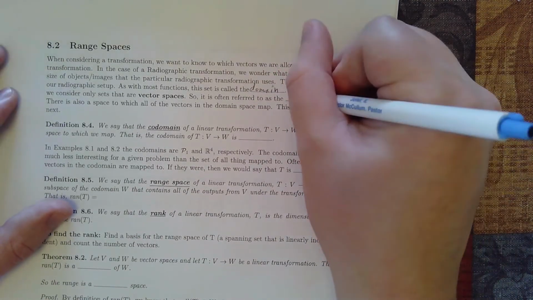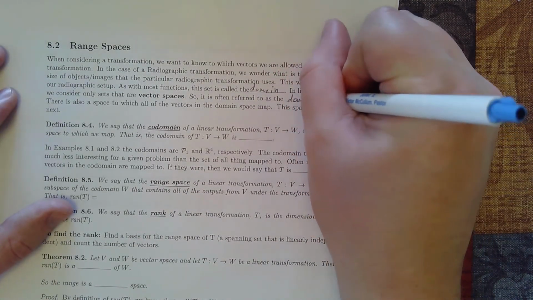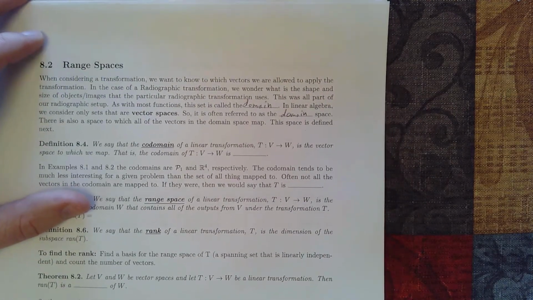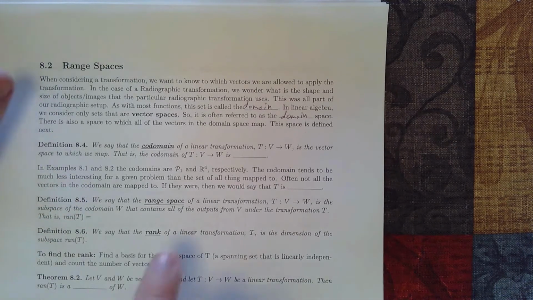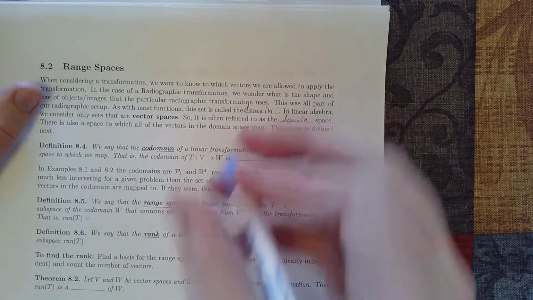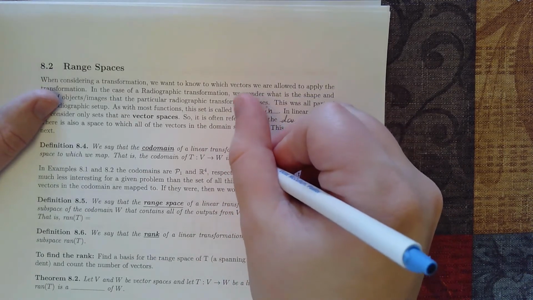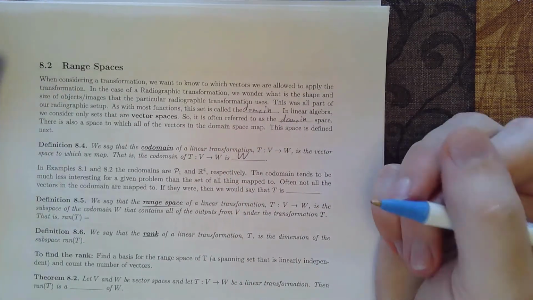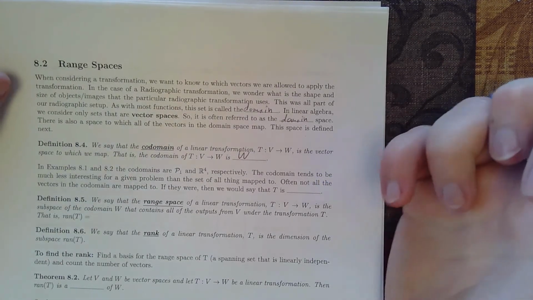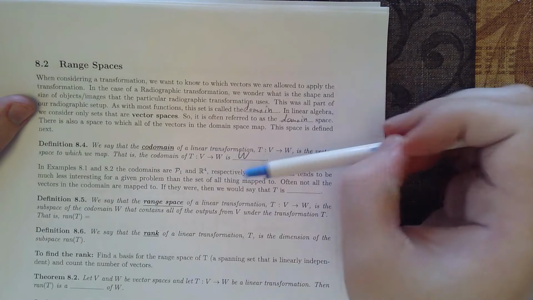And we often will refer to it as the domain space in linear algebra. But we also want to be looking at the codomain. So we say that the codomain of a linear transformation is the vector space to which we map. And so when we're saying we're going from V to W, the set W is our codomain. And so in our previous examples, our codomains were P1 and R4.